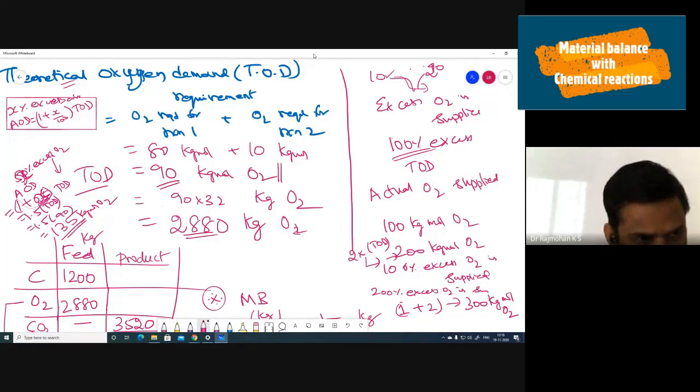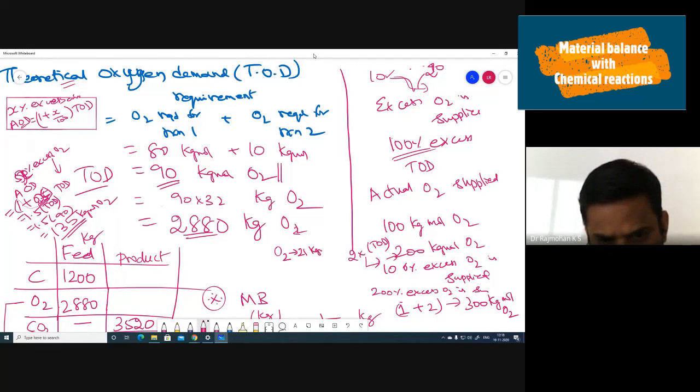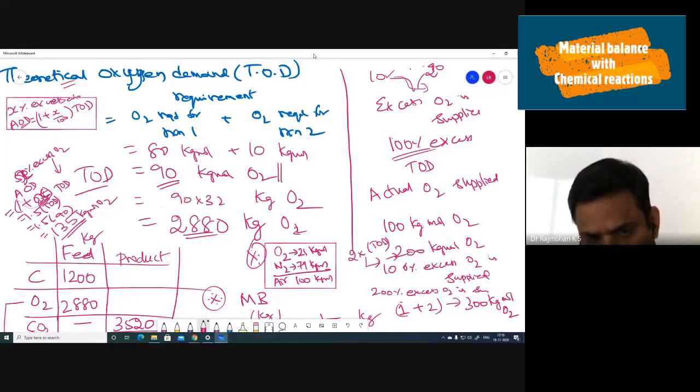See, remember this can be calculated in terms of oxygen or in terms of air. If it is oxygen, what will happen? For every 21 kg mole of oxygen, nitrogen content will be 79 kg mole. So for every 100 kg mole of air, there will be 21 kg mole of oxygen and 79 kg mole of nitrogen, right?